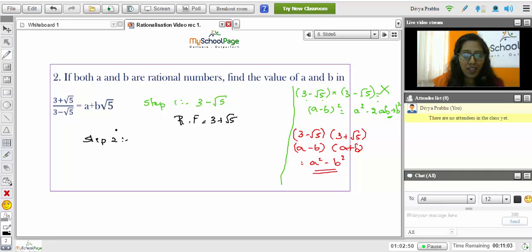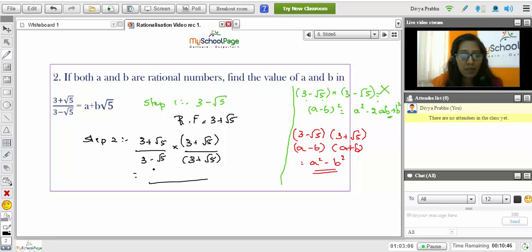We will rationalize it. We will multiply and divide with 3 plus root 5 divided by 3 plus root 5. Now let's simplify this. What does the denominator become? a minus b into a plus b is a square minus b square. What's in the numerator? a plus b into a plus b, isn't it?